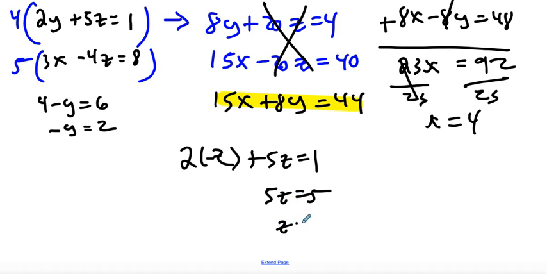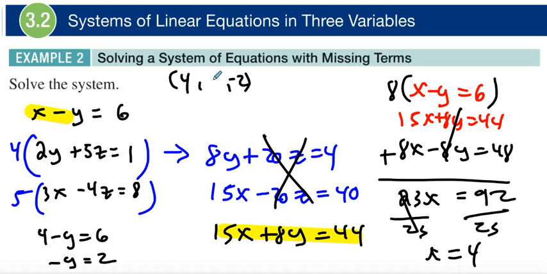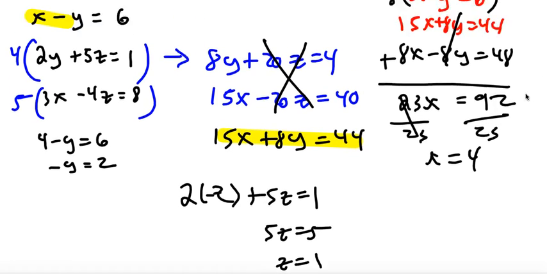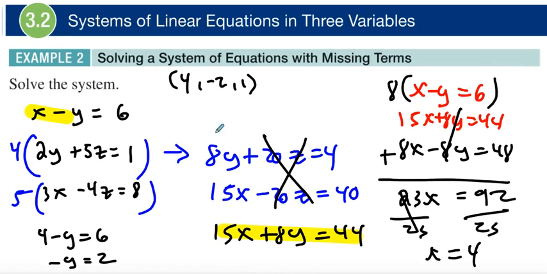Divide by 5, z is 1. Okay, so my y was -2, right? Yes, and my z is 1. Good, so this is what we should have got right there.